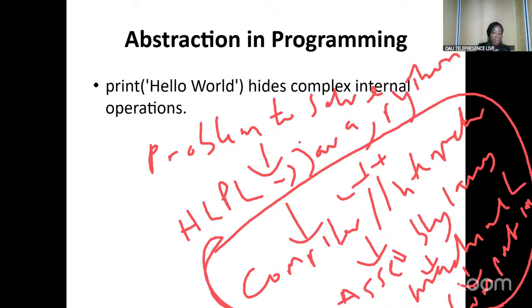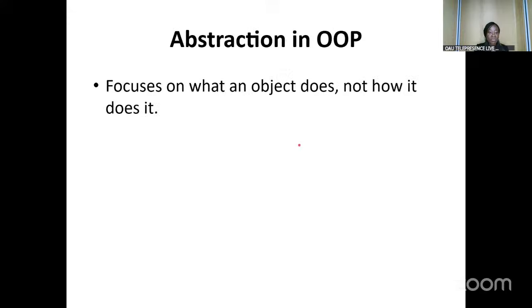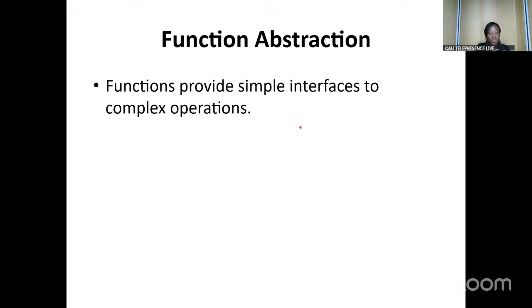Okay, so I think a better example now that is going to be clearer has to do with the next abstraction. That's abstraction in functions. Functions provide simple interfaces to complex operations. Yes. So we usually use functions to organize our programming into modules.